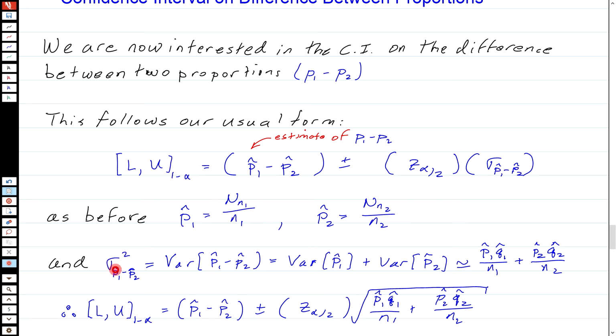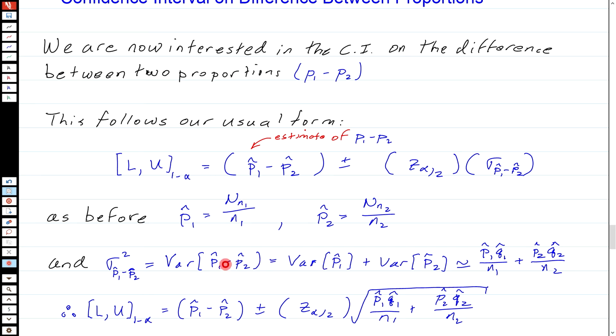The variance, well, we'll start with the variance. The variance of P1 hat minus P2 hat is the variance of this difference. We're assuming that this is a random sample, so the observations that made up P1 hat are all deemed to be independent, and independent of all the observations in the second sample, so that these two things are independent. And so the variance of the difference becomes just the sum of the variances.